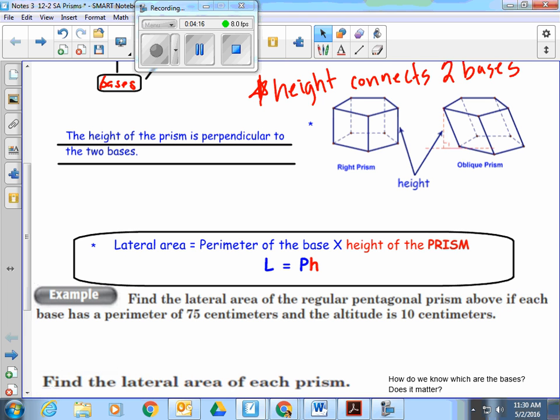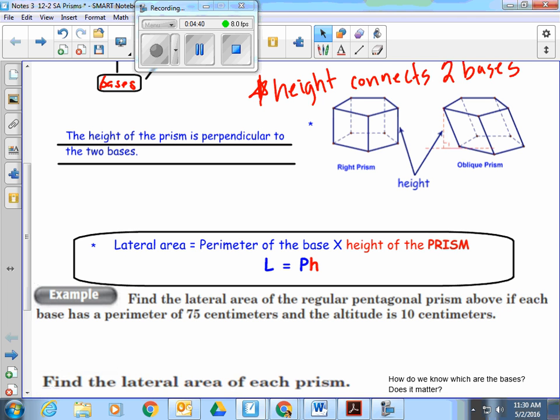That tin or metal is the total surface area. But on that can of soup is a label, isn't it? Does that label cover the entire can? No. What does it not cover? The circles. Those circles are your bases, correct? That paper label is your lateral surface area.